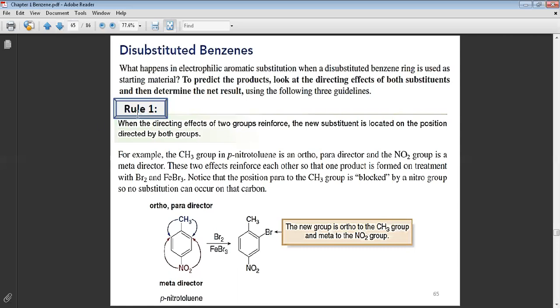Rule number 1 says when the directing effects of two groups reinforce each other, the new substituent is located on the position directly bonded to both groups. For this example, CH3 and NO2, the Br will go to here.